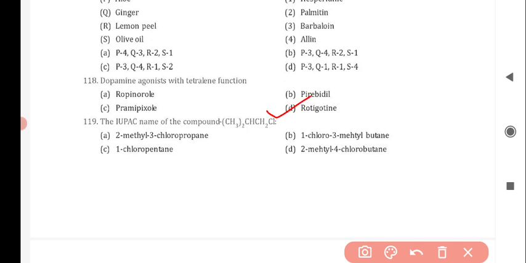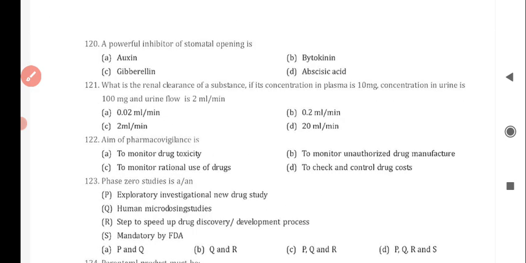Next question is the IUPAC name of the compound CH3CH3CHCH2Cl is, and the correct answer is option A, that is 2-methyl 3-chloropropane. Next question is a powerful inhibitor of stomatal opening is, and the correct answer is option D, abscisic acid.